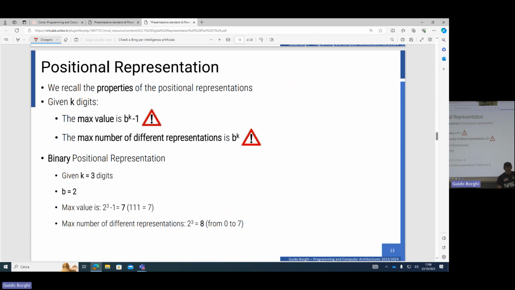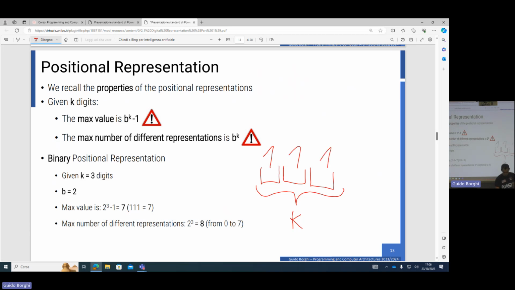Also in this case, we have 3 digits, so 3 possible positions that we can use. Remember, here the base is 2, binary positional representation. So the maximum value is b to k minus 1, 2 to 3 minus 1, 8 minus 1, 7. The maximum number that we can represent with 3 positions is 7.